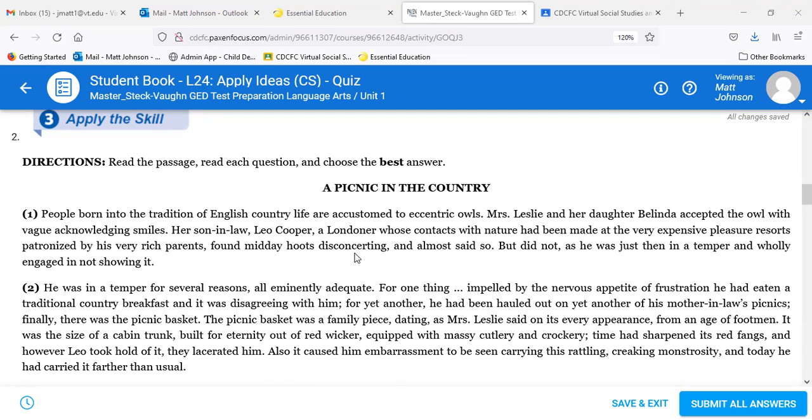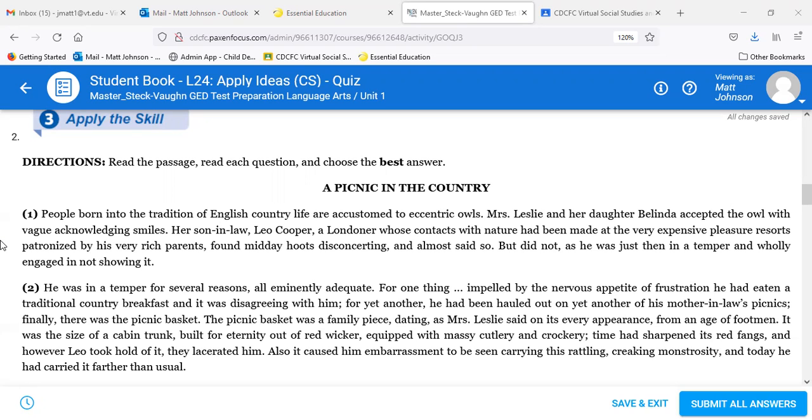Her son-in-law, Leo Copper, a Londoner whose contacts with nature had been made at the very expensive pleasure resorts patronized by his very rich parents, found midday hoots disconcerting and almost said so, but did not, as he was just then in a temper and wholly engaged in not showing it.